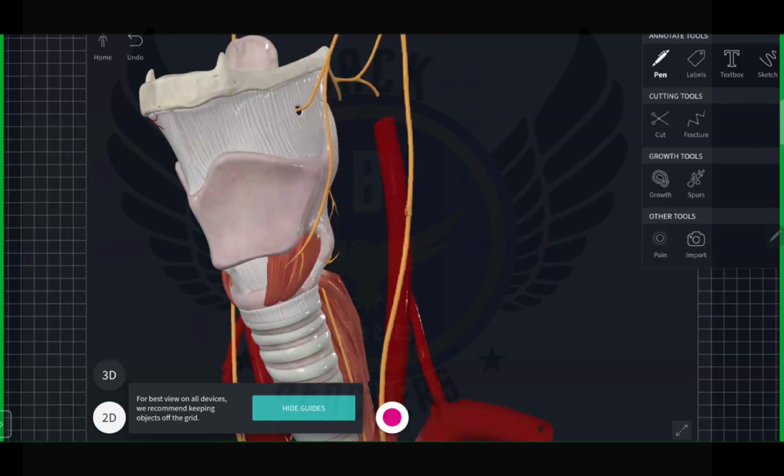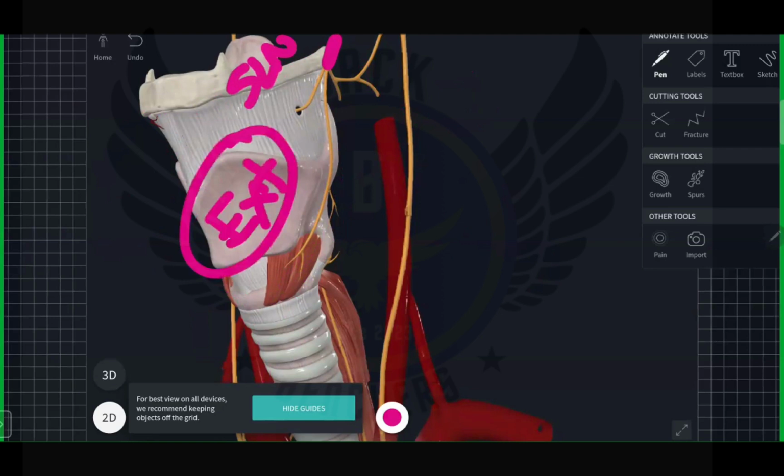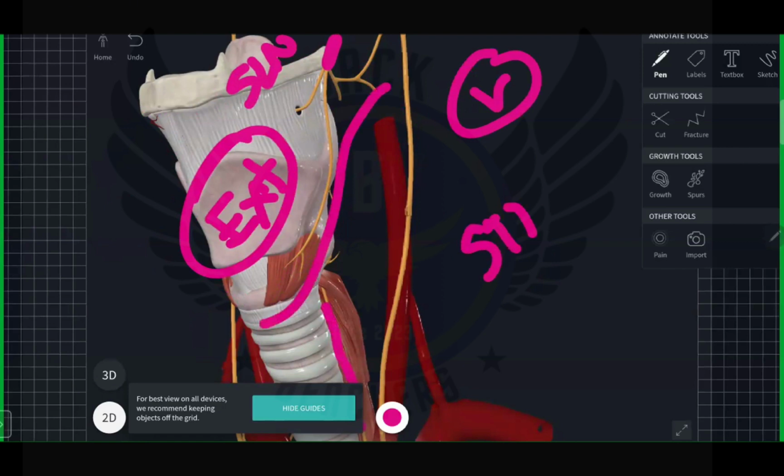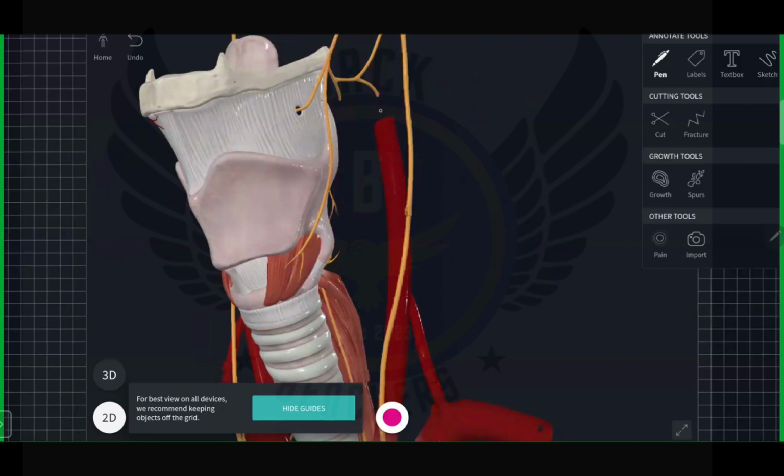So we can injure either the superior laryngeal nerve, the external laryngeal nerve, or the vagus on this side, because your recurrent laryngeal nerve is nowhere near the superior thyroid artery. You can't injure that.